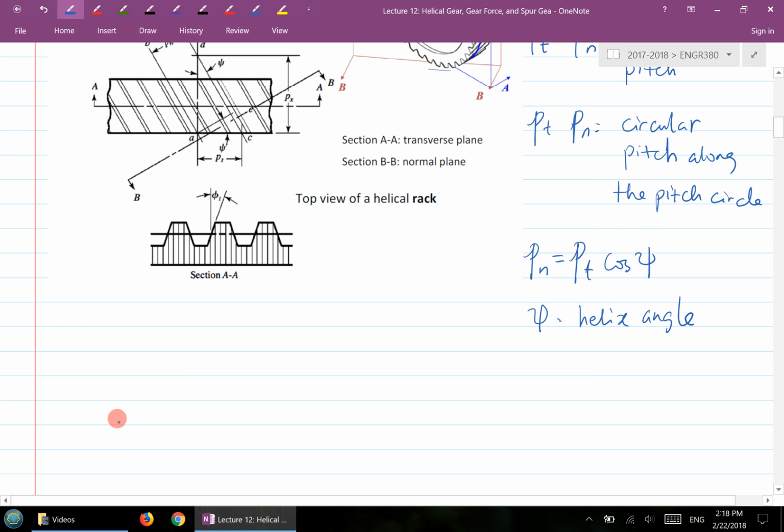If you draw a helix, take any point, and draw a tangent line at that point, with the axis of rotation here, the angle between the tangent line and this vertical axis is the so-called helix angle.